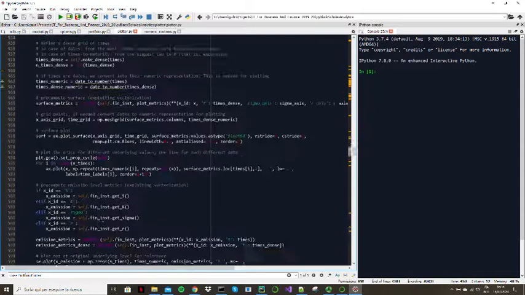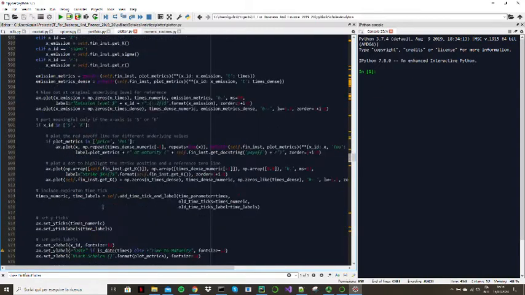We have also allowed plotting not only underlying versus time, but also strike versus time, volatility versus time, and short rate versus time.